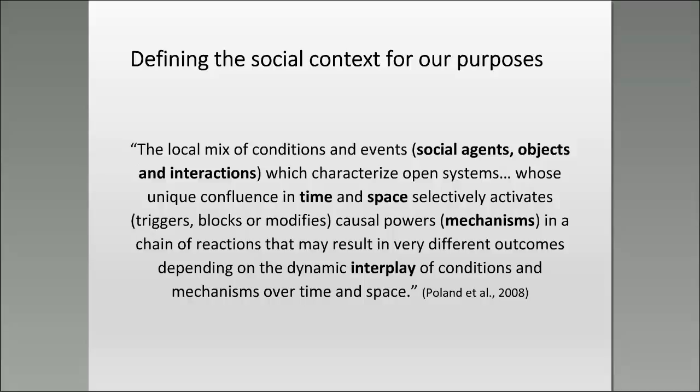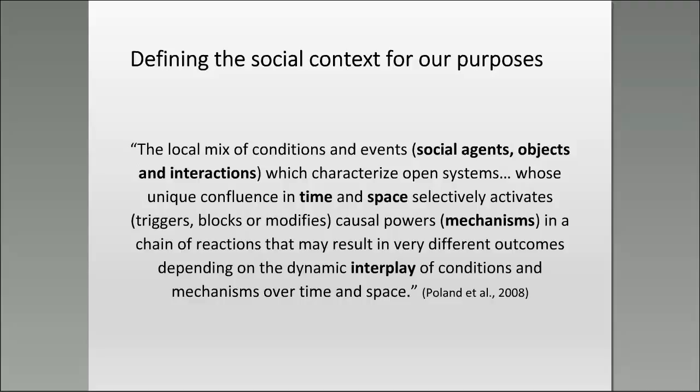So to move past this common but rather limited definition of social context, we offer another one, which you can find here on my slide. I understand it's a bit of a mouthful, so I won't even read through it, but I think the keywords to remember are those that I bolded.